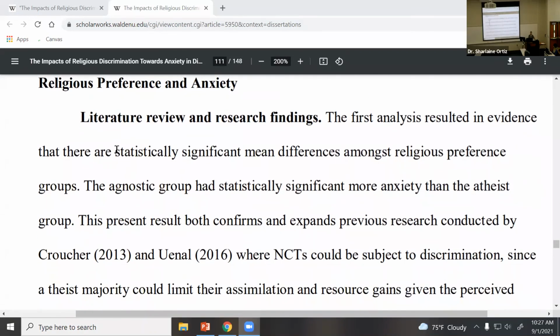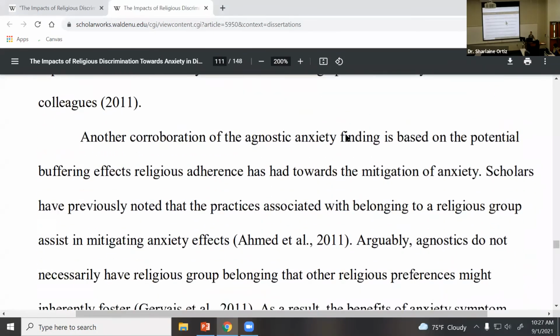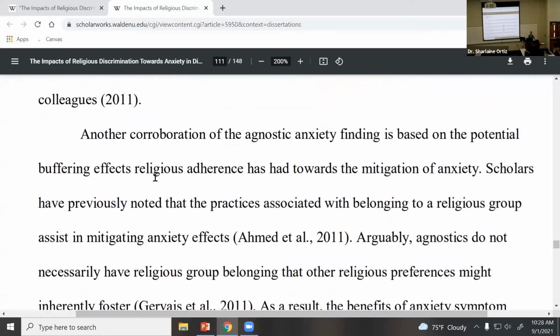Now, there was indeed a statistically significant difference. And in this study, I actually have to go into why it is that I consider that there was indeed a statistical difference. The most interesting aspect was that, let's start with the first finding.